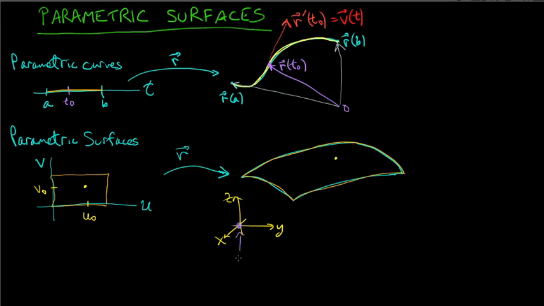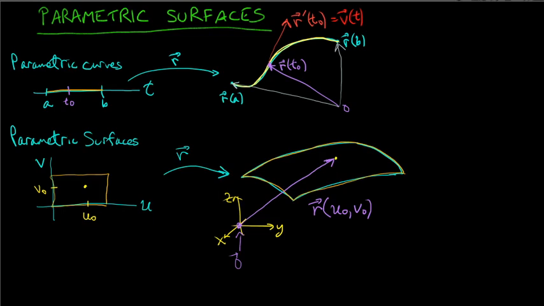So r maps these two parameters, u0 and v0, to this particular point on the surface. This will be the vector r evaluated at u0, v0. Make sense?